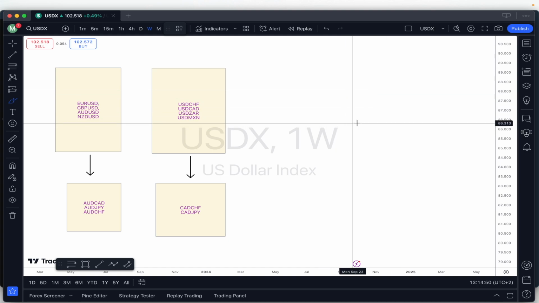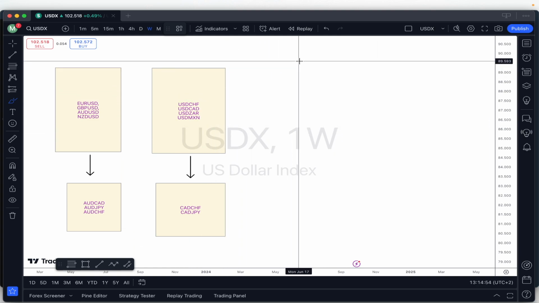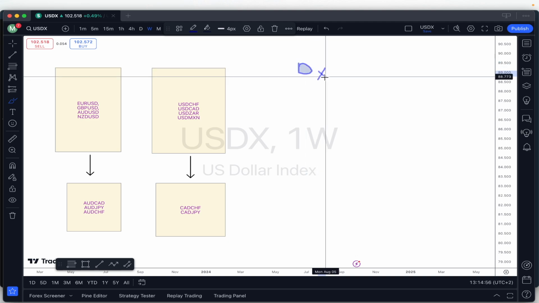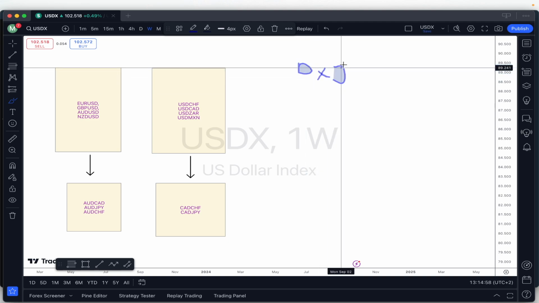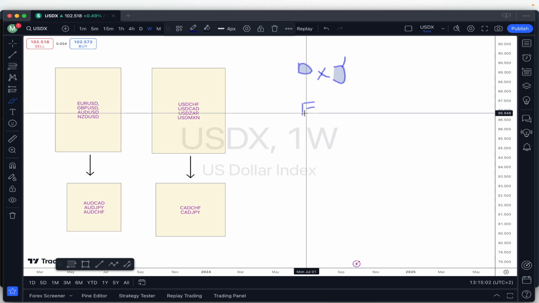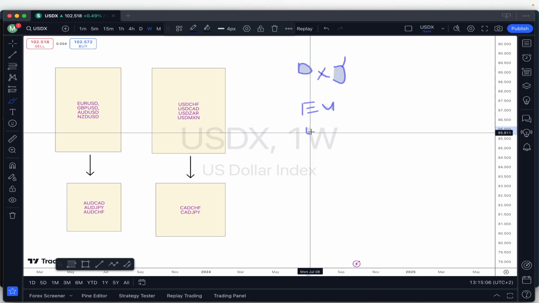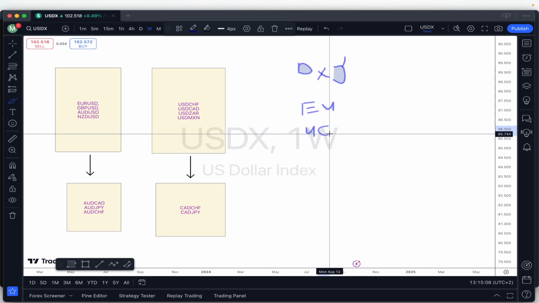Like I said, I'm not going to go into detail with this, but if I show you what DXY is going to do, you already know what EU is going to do, and you already know what USD CHF is going to do.